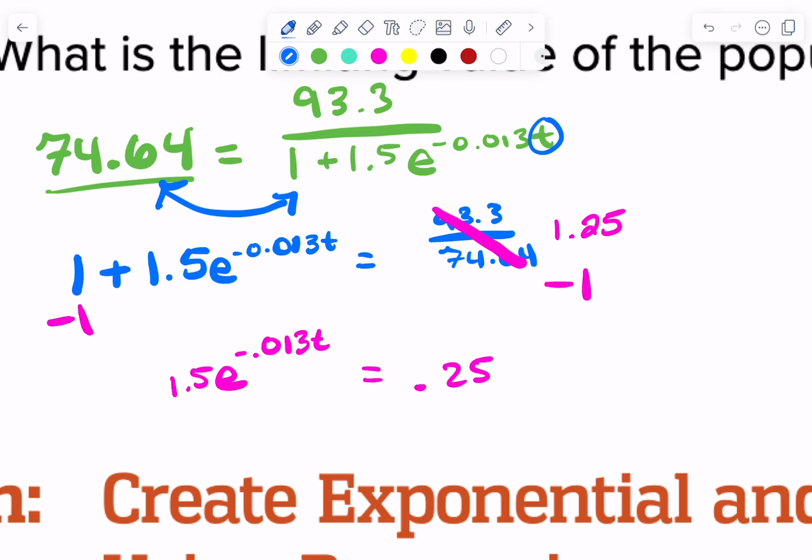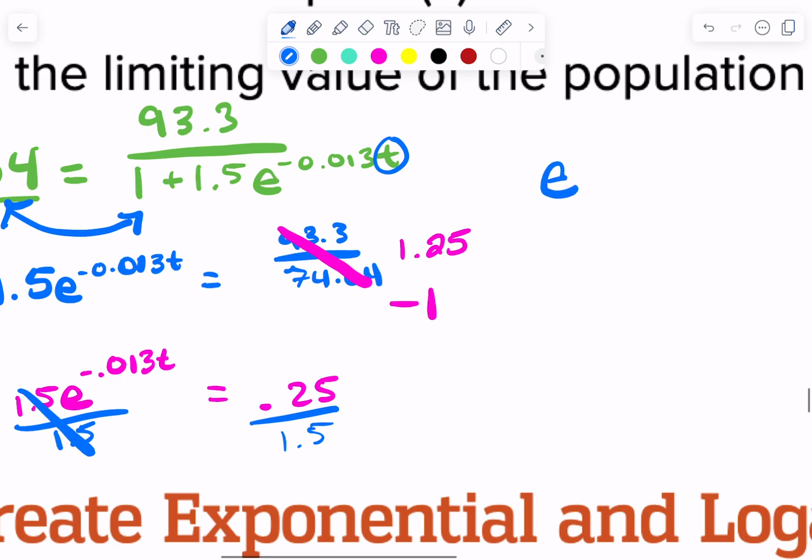Can we take the ln? Not yet. Just wait. We have to divide by 1.5. So 0.167. E to the negative 0.013t equals 0.167.